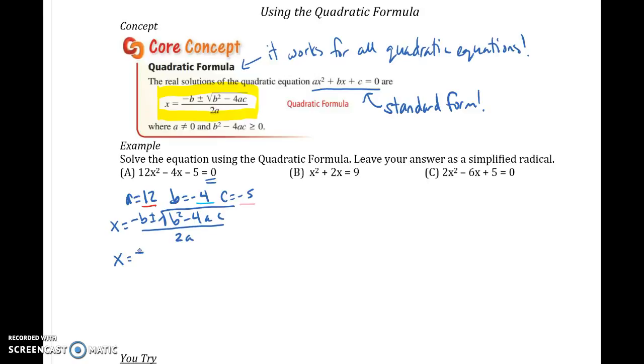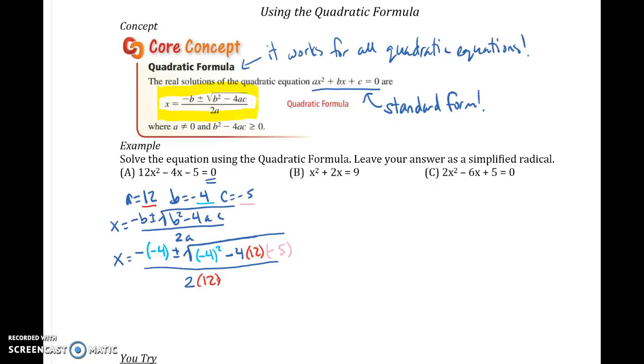So negative b would be -4, plus or minus the square root of, once again, b squared minus 4 times a times c, all over 2 times a.